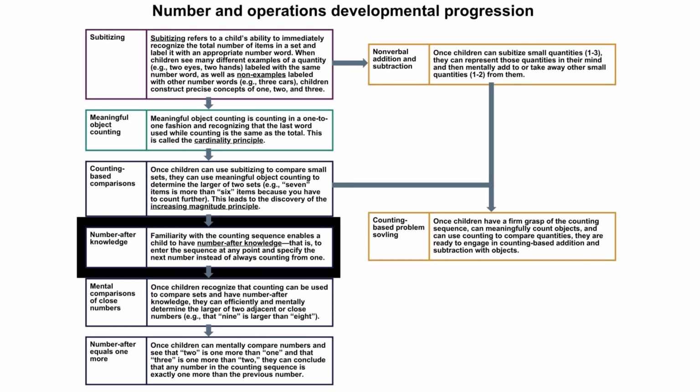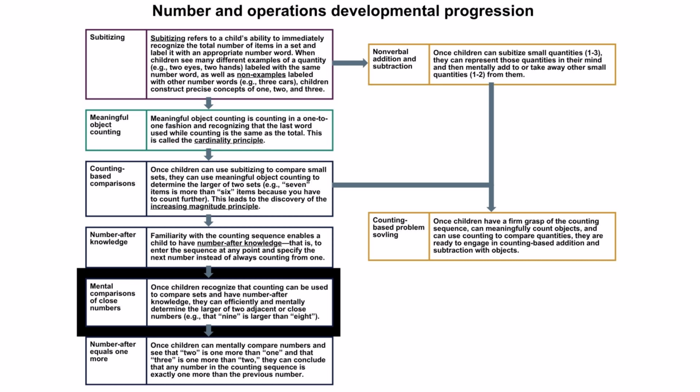The ability to name the number before another number develops later, when a child can demonstrate number after knowledge fluently or quickly and accurately. The next step on the developmental progression is the mental comparison of close or neighboring numbers.